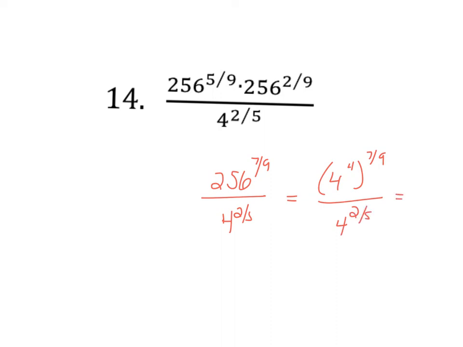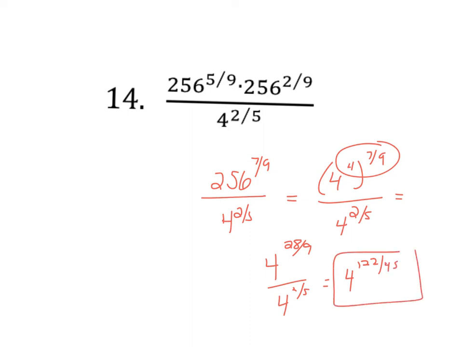And then I multiply those powers up here, so I have 4 to the 28/9 over 4 to the 2/5. I'm going to subtract 28/9 minus 2/5, which is going to give me 122 over 45. They're not negative exponents, so that tells me I'm done.